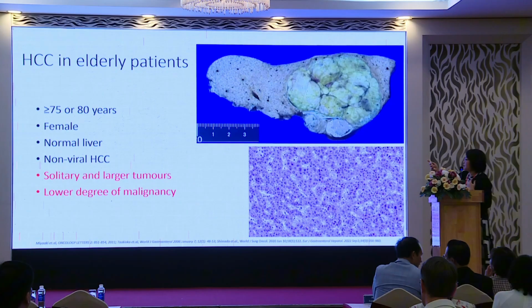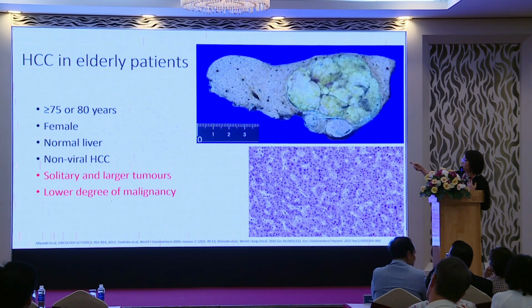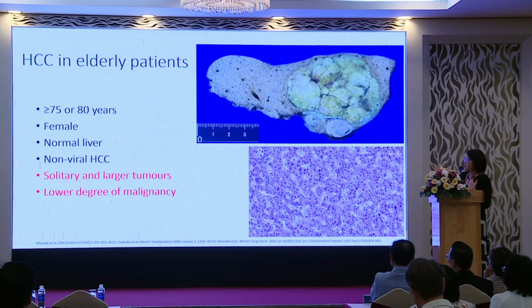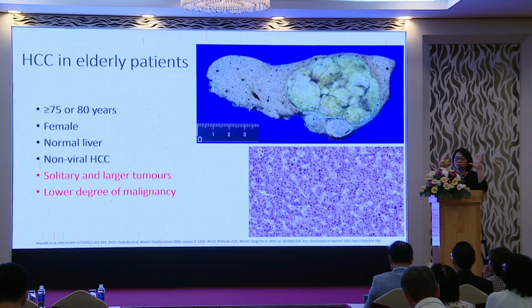So the HCC arising in elderly patients, which is usually older than 75 or 80 years old, has a peculiar aspect, meaning that usually it's female predominant, and it could be a quite large tumor. It's often more than 5 centimeters in diameter.